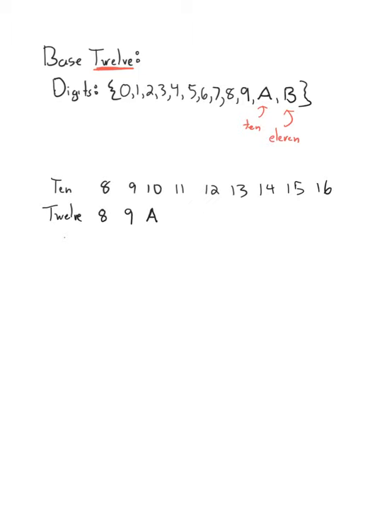11 I can write as B. And now 12, if I add 1 to 11, now I can regroup. So this is going to become 1, 12, and 0 ones. So this is the 12s place.